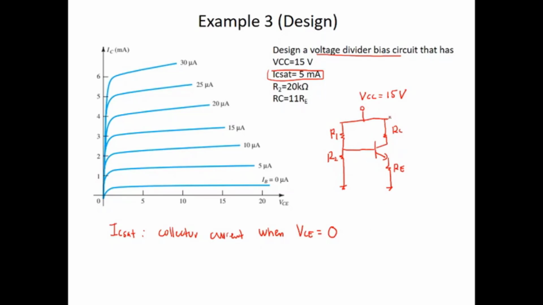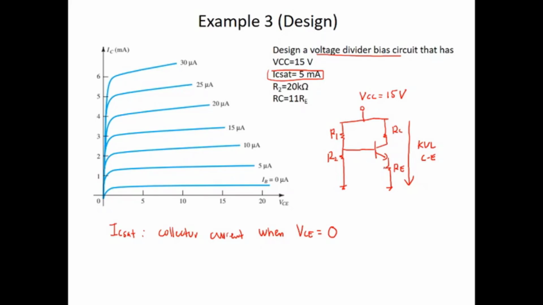If you see the circuit, this is the KVL of the CE loop, the CE current path. This is actually the load line analysis.